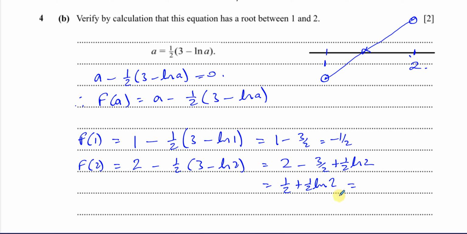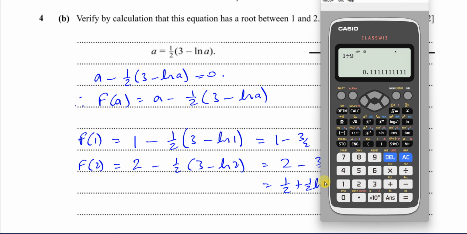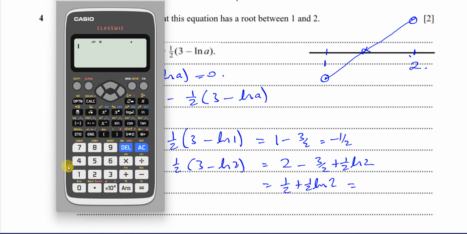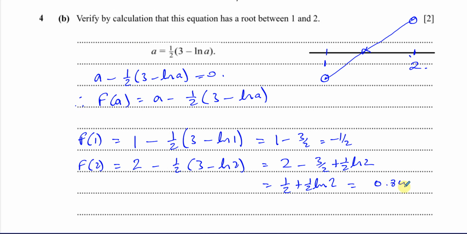And we know that this is positive. If you want to confirm it, you can use your calculator and confirm it. You can say 0.5 plus 0.5 times ln 2, and it should give us a positive value, which you can see is 0.8465, 0.847 to 3SF. So we can see therefore this is positive. We can see this is negative.